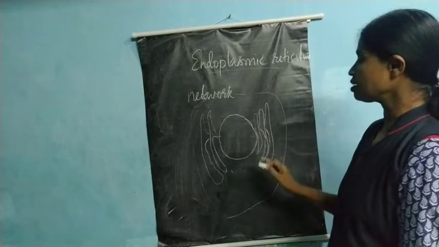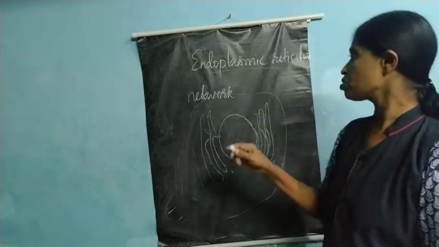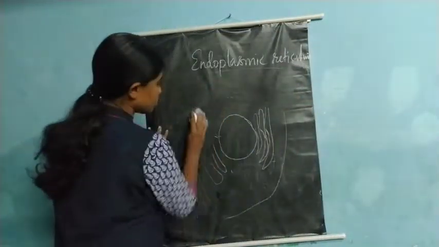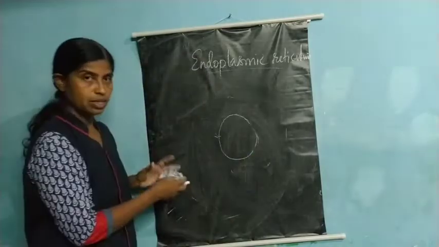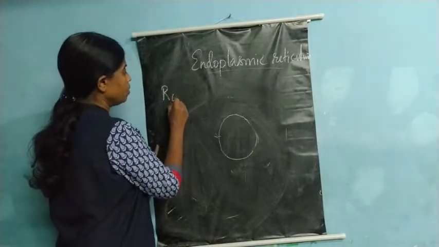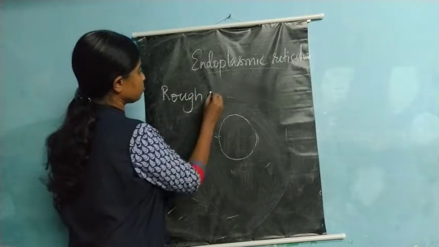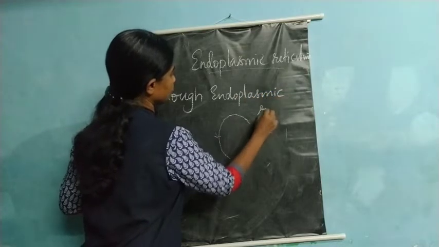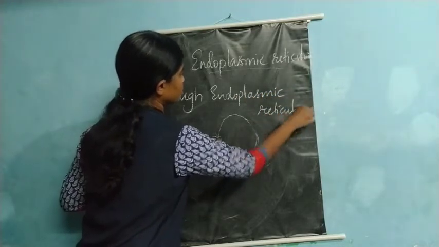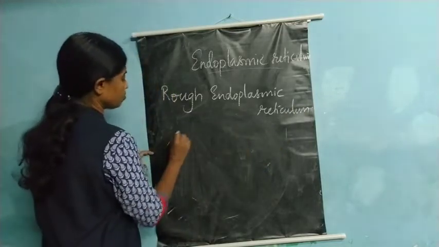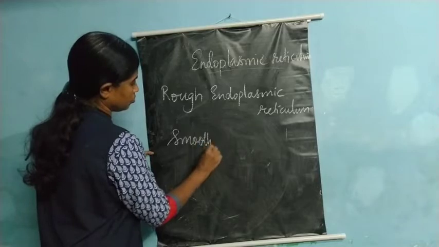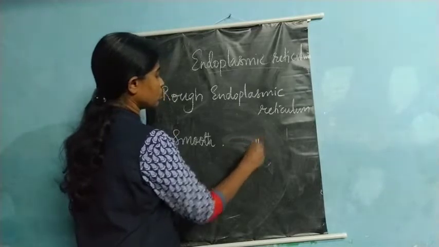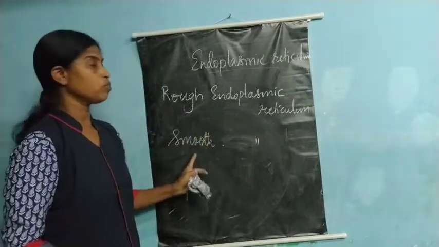Now the endoplasmic reticulum is of two types: rough endoplasmic reticulum and smooth endoplasmic reticulum.